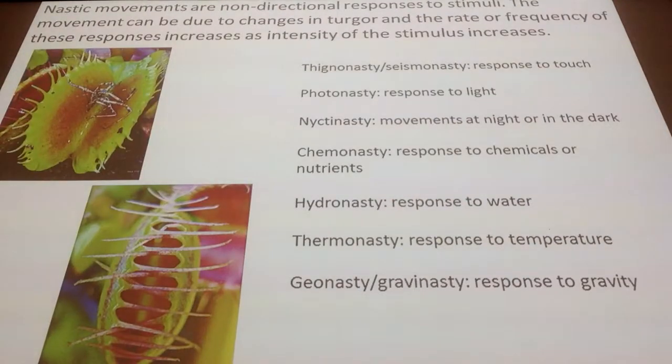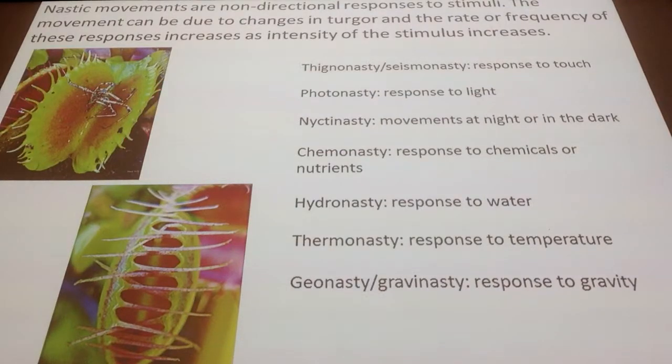Okay? Nastic movement has to do with osmotic pressure. Okay? So, for instance, in this particular case, this Venus flytrap, this plant, is a carnivorous plant.